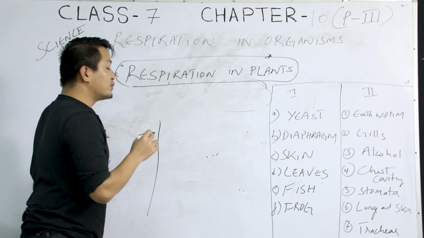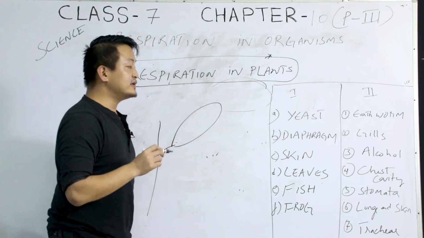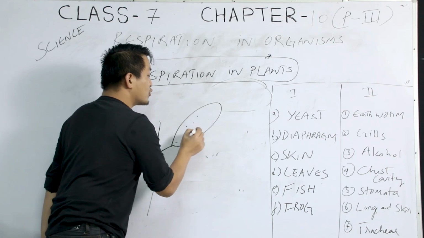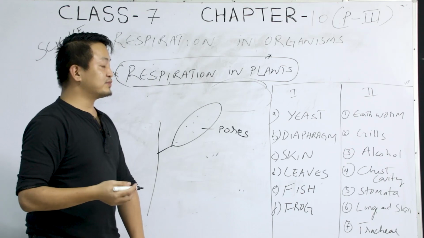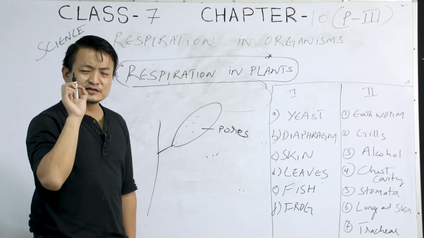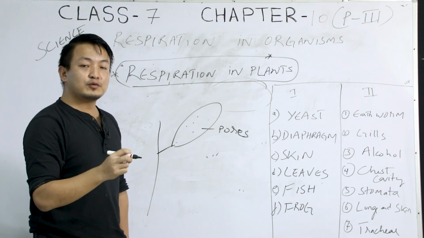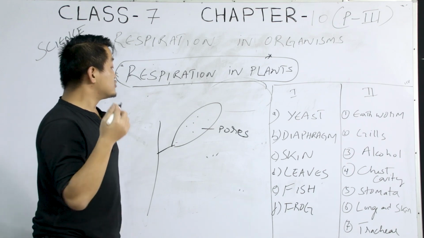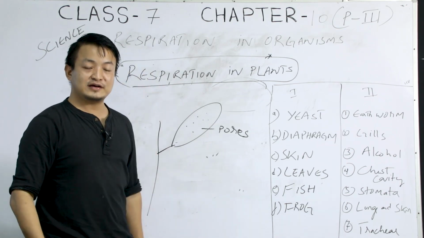Now, for plants, one thing you have to get familiar with is that in the leaves there are pores. Pores, in simple words, are small holes. And these small holes play a very important role, because through these pores the exchange of gas takes place.